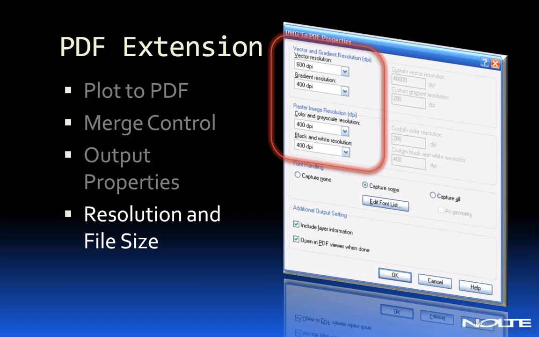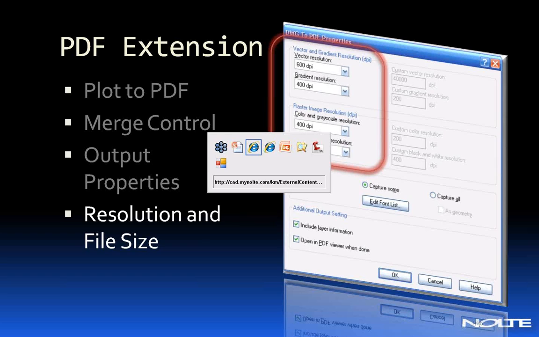The only time you'd want to go to a higher resolution is if the PDF file is for viewing and you have a very high level of detail, maybe a real large topo map with real dense contours and a lot of information. At that point you may want to go to some of the higher resolutions.